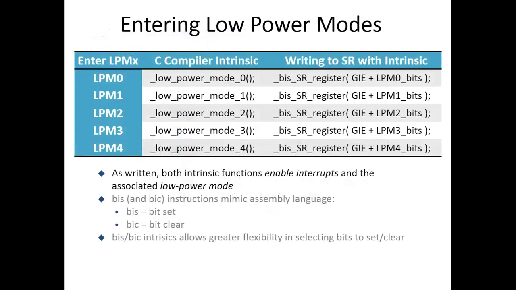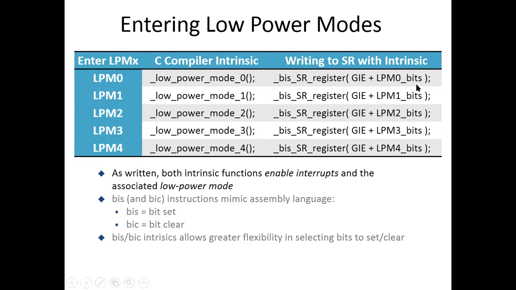And to enter a particular low power mode, these are the mnemonics that can be used in embedded C language using CCS, like underscore BIS, that is bit set, SR register, GIE plus low power mode 0 bits. GIE should be there, because interrupts are to be enabled to enter that mode, along with the respective low power mode bits, like CPUOFF equal to 1.